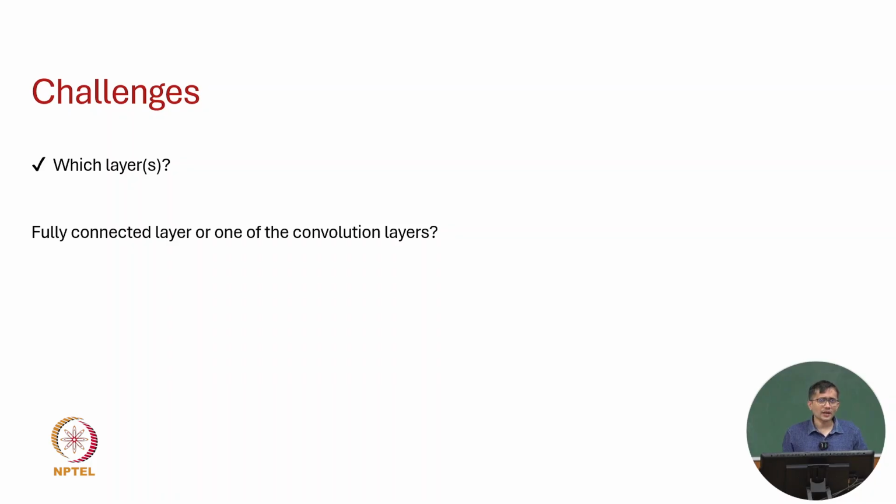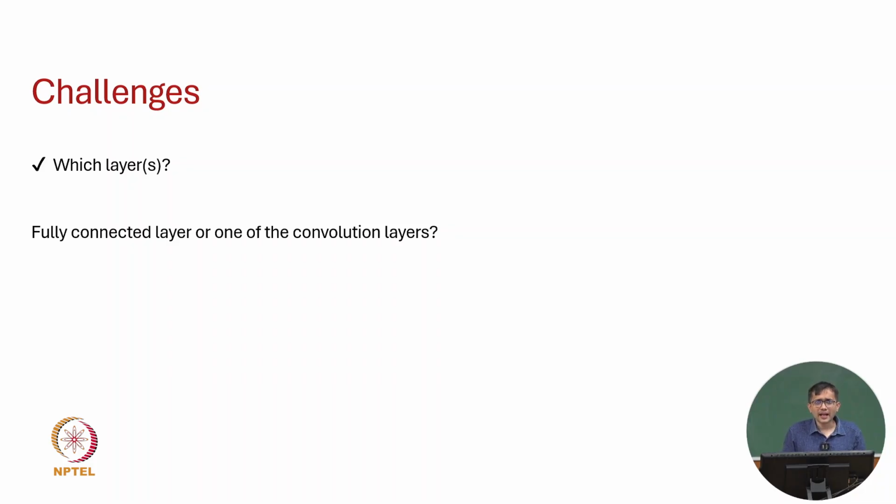Whereas if we want this feature representation for some dense task, that is, given the image 224 cross 224, we want to extract a feature vector for each pixel, and then maybe we would like to cluster those feature vectors and get some understanding of this 224 cross 224 scene itself. In that case, we would need to actually extract feature from one of the convolution layers, because the fully connected layer has already lost the spatial dimension, right?